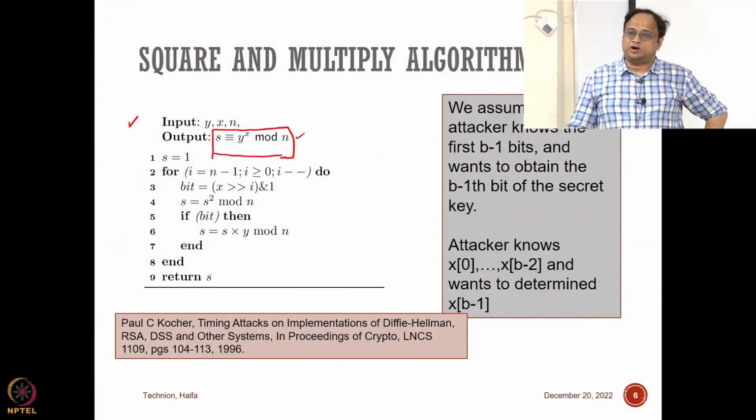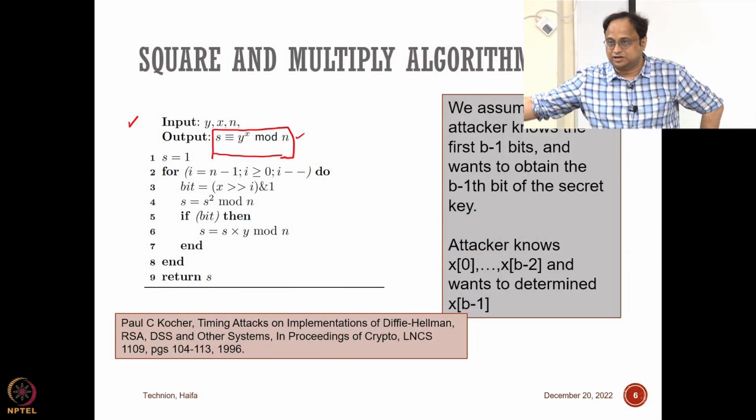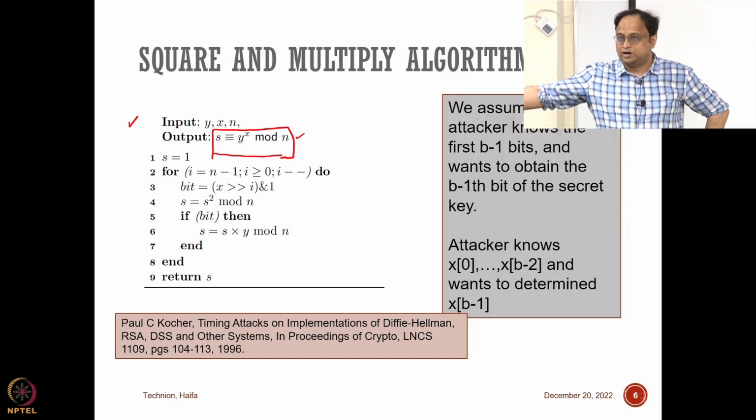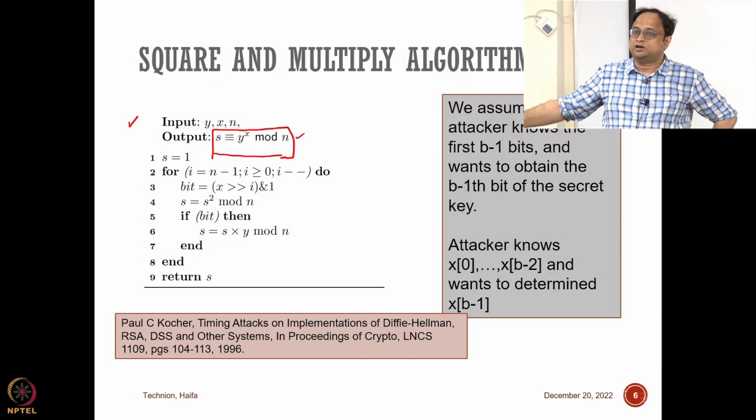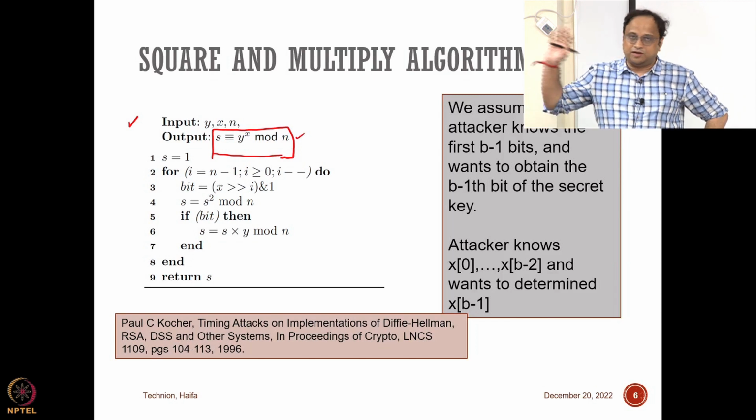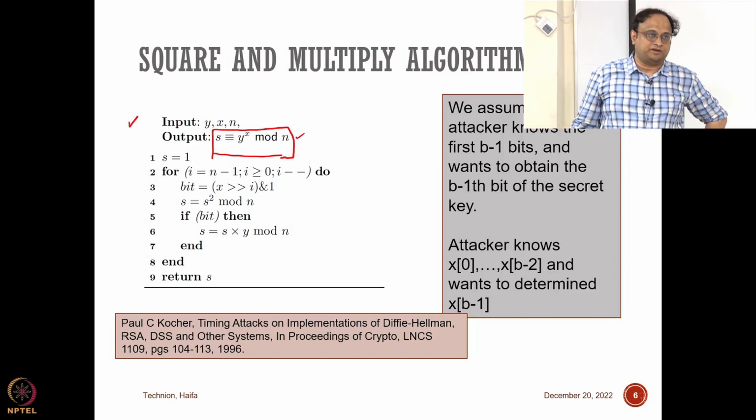That means the value of x can be really, really large, of the order of 2 to the power of 1024 or 2048. That rules out a very naive implementation. You cannot multiply y x times. That would be the easiest way to implement it, but that may require ages, and I will still not see the result in my lifetime.